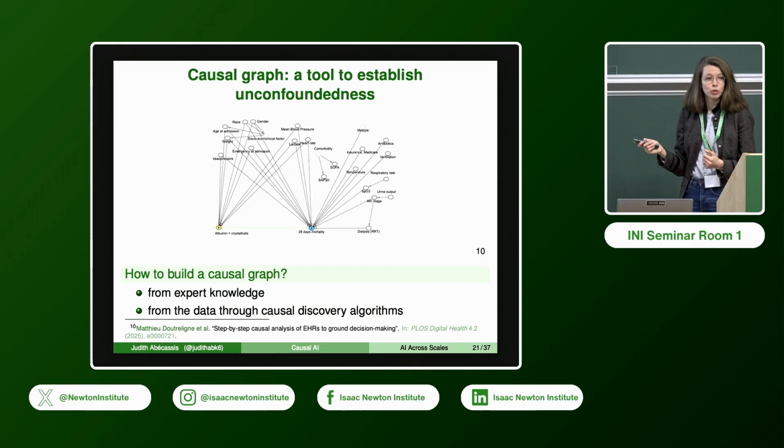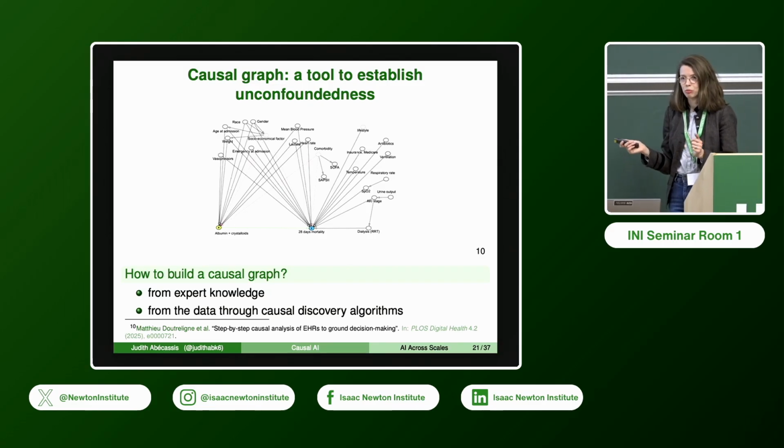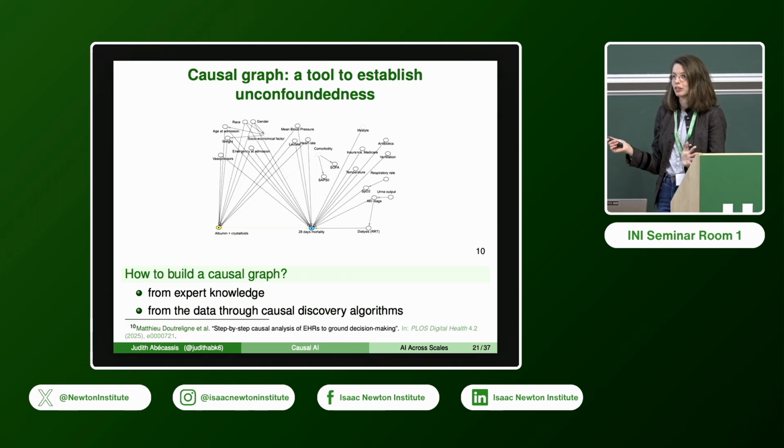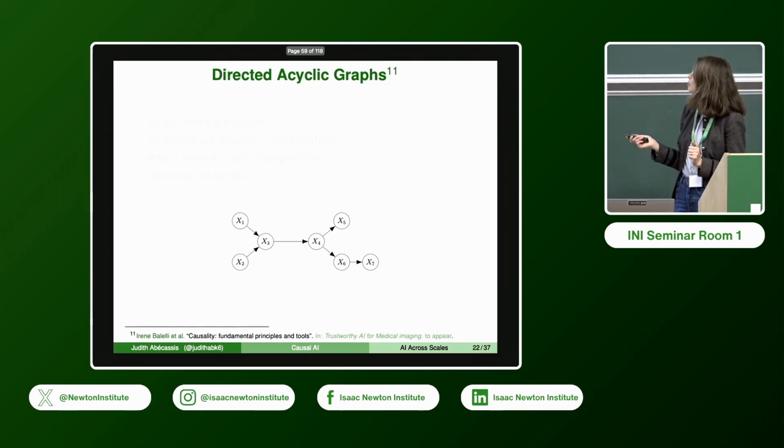Either we build them using expert knowledge, or there are also techniques to build them from the data. So I'm not going to focus on that. I'm just going to assume that I have access to a particular graph, or maybe a family of graphs if there are alternative and uncertain parts of the graph.